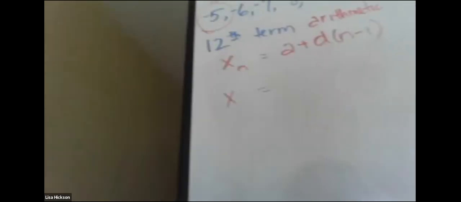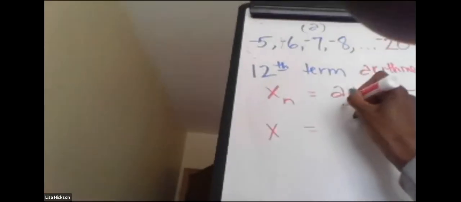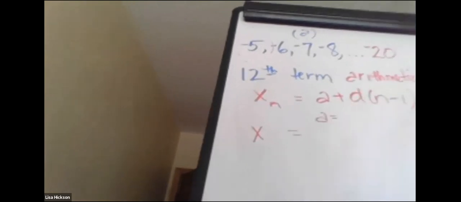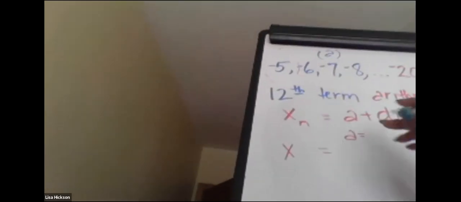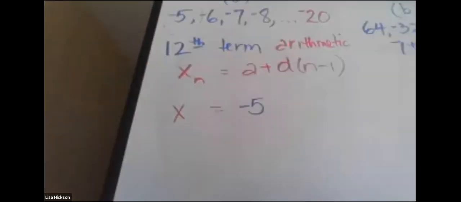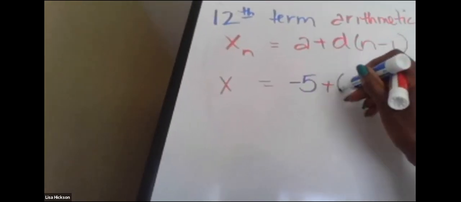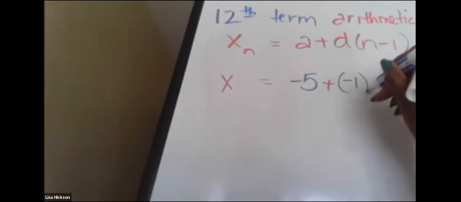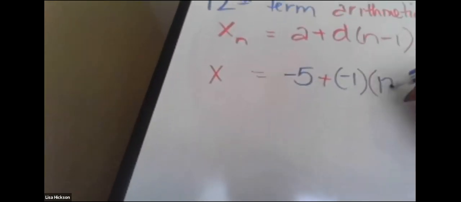So A is equal to -5 because that's the first term. We said the difference is -1. And we are looking for the 12th term.